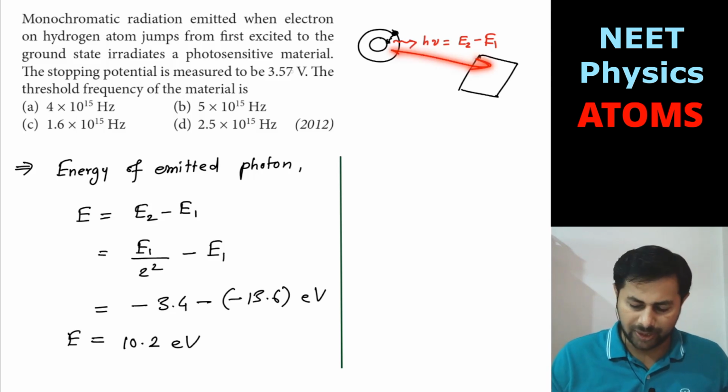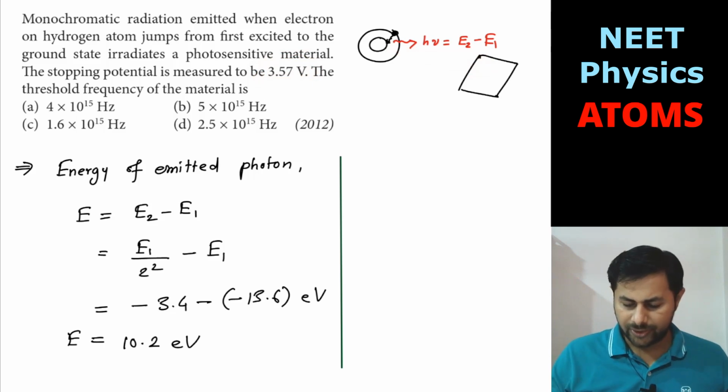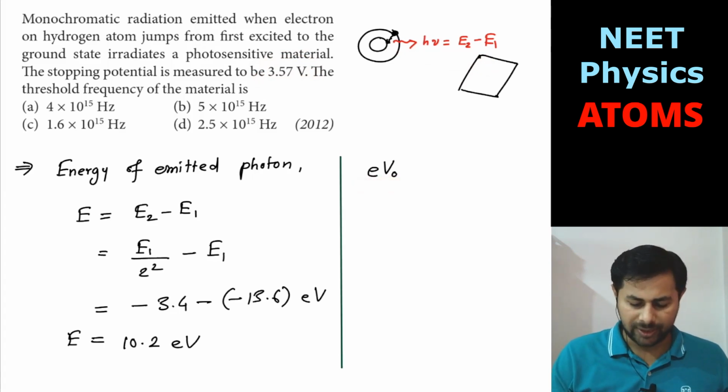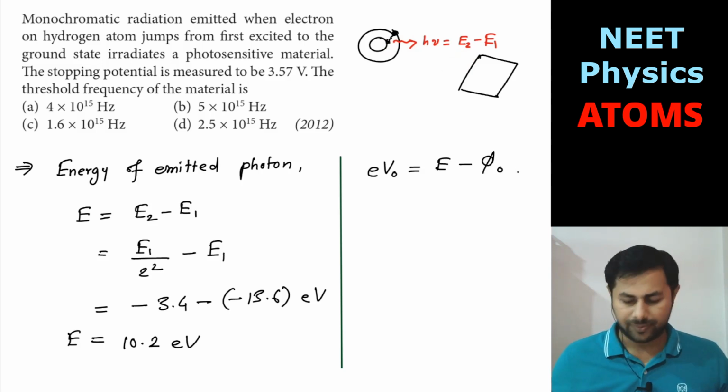So the stopping potential is 3.57 volts, and you know the stopping potential is V naught. Then E times V naught is equal to h nu, the energy of this photon, minus the work function, so E minus phi naught.